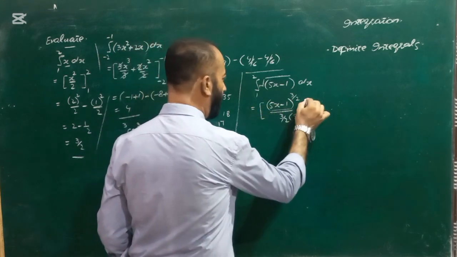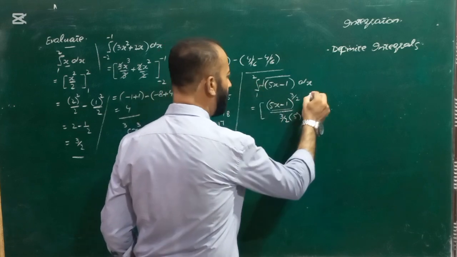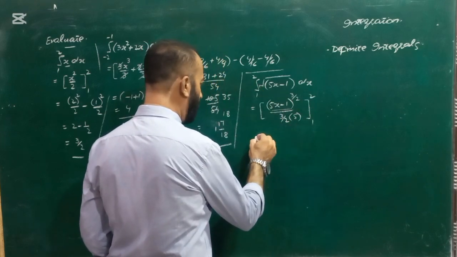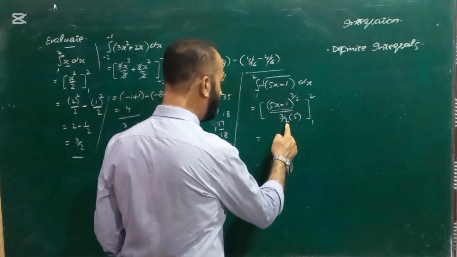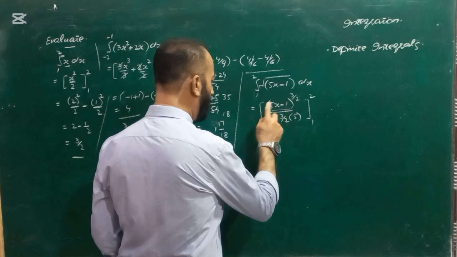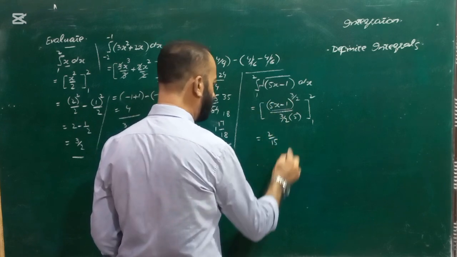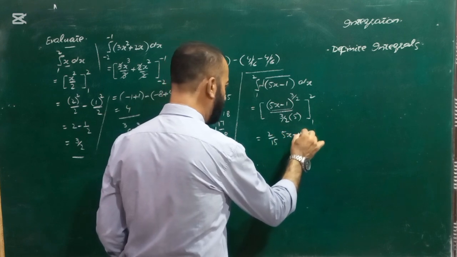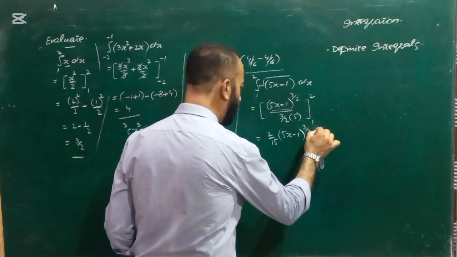Now put the bracket, lower number in the lower corner, upper number in the upper corner. First simplify this value, so it will be 15 by 2, and it will go to the numerator, so 2 by 15 into 5x minus 1 raised to the power 3 by 2.